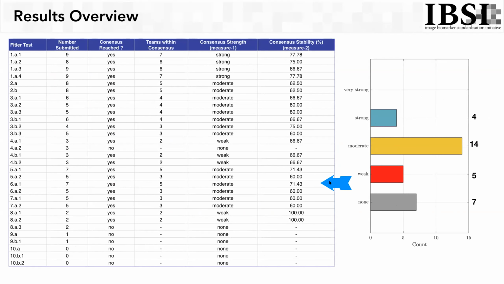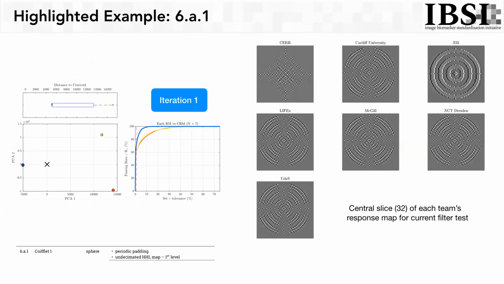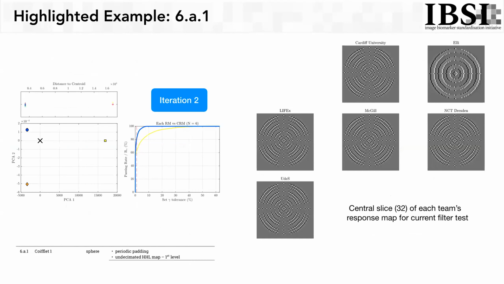So to briefly give an example, I'll select a filter test. For 6A1, here I've visualized the central slice for every team submission on the right, and you can perhaps see qualitatively there are a couple of submissions that look slightly different than the others. And so if we run through the iterative process, first this team is removed.